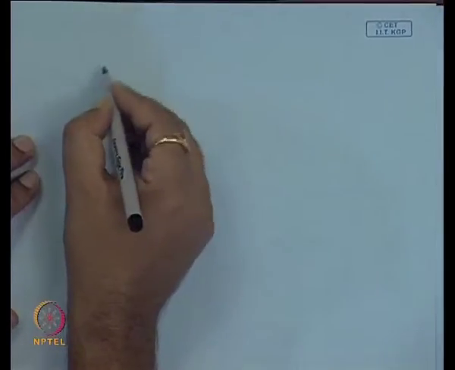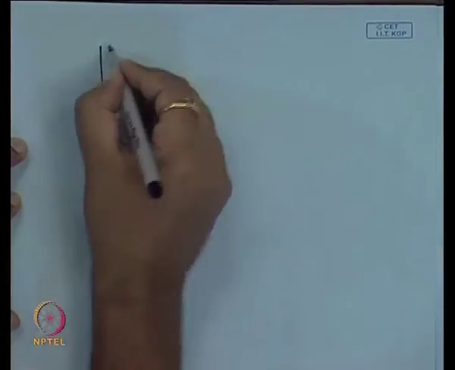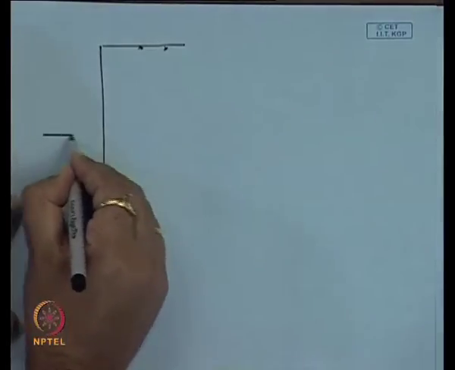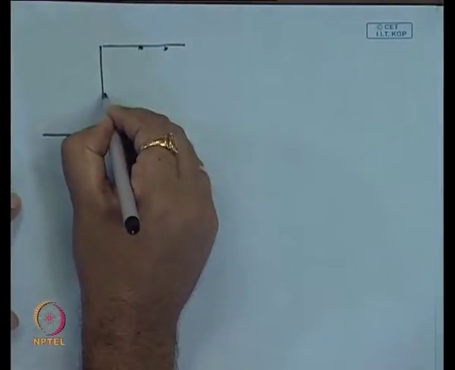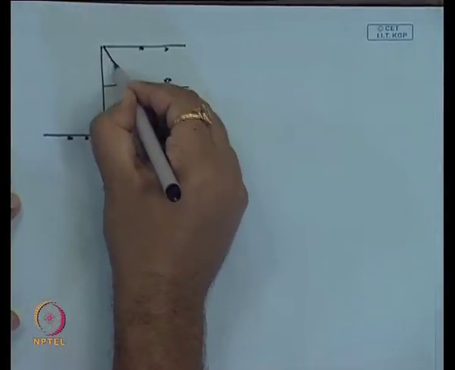Now, if I draw the same figure here, so this is the sheet pile, this is the top level, this is the dredge level. Now, this is the groundwater table position.